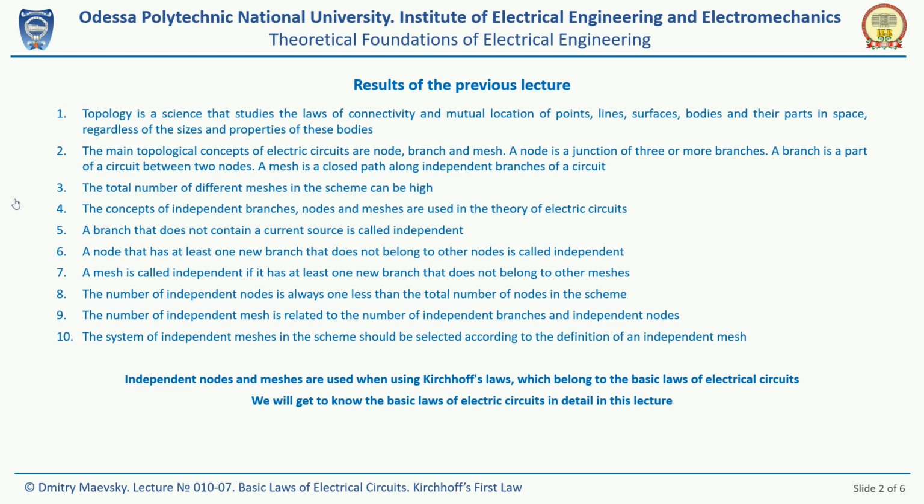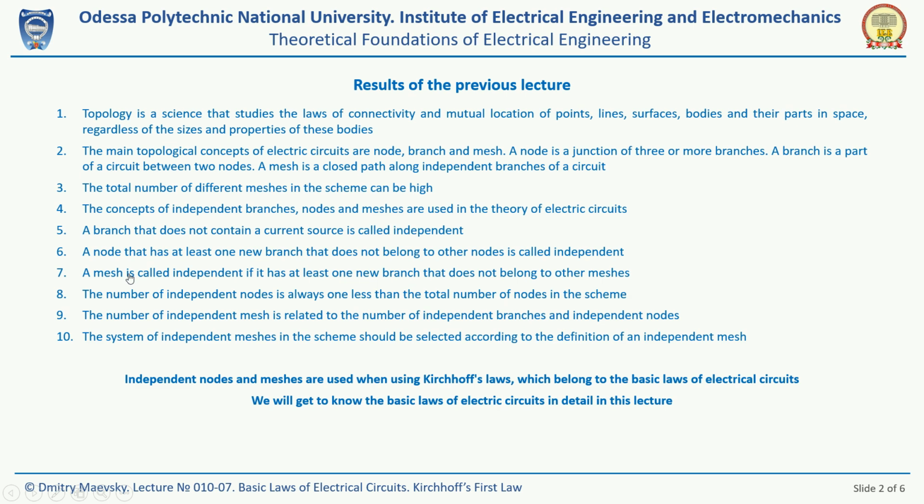An independent node is a node that includes at least one new branch that is not part of other independent nodes. We found out that the number of independent nodes in the scheme is always one less than the total number of nodes in it.